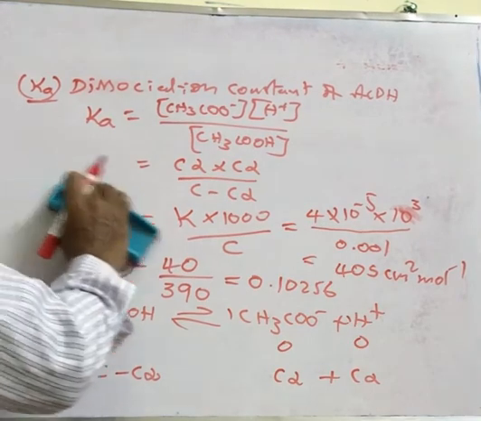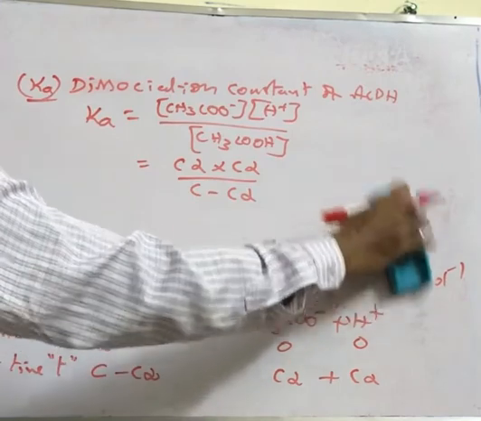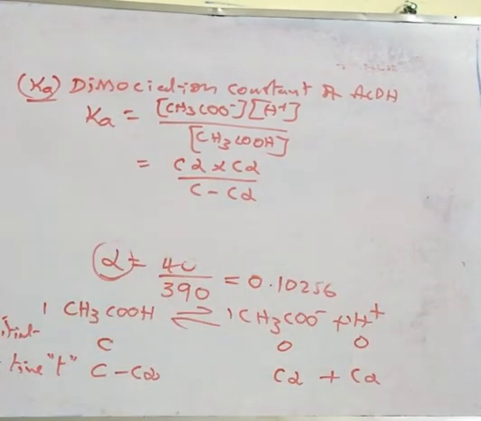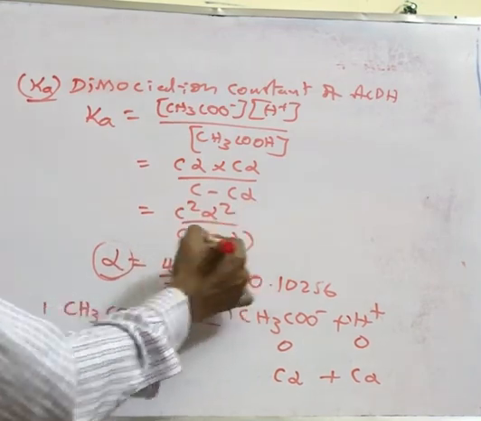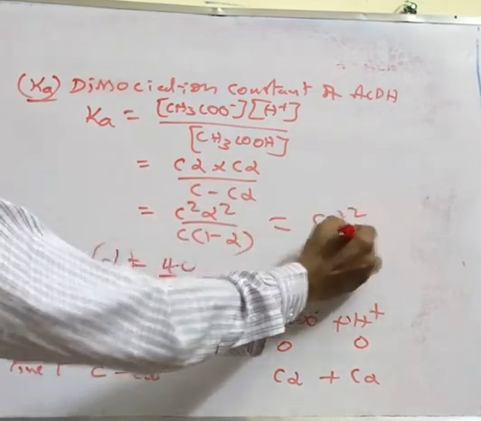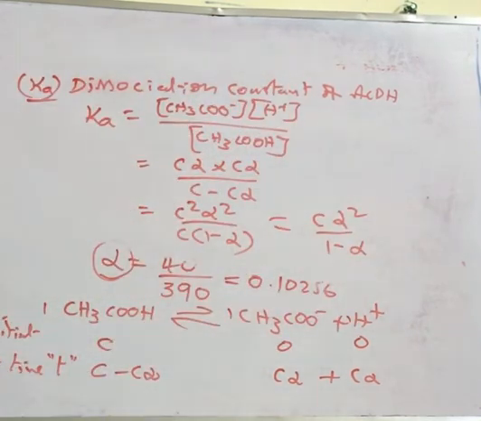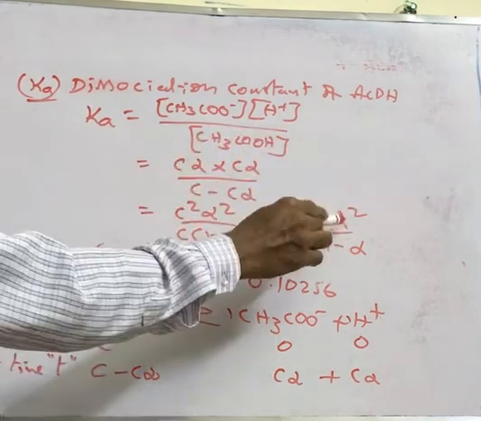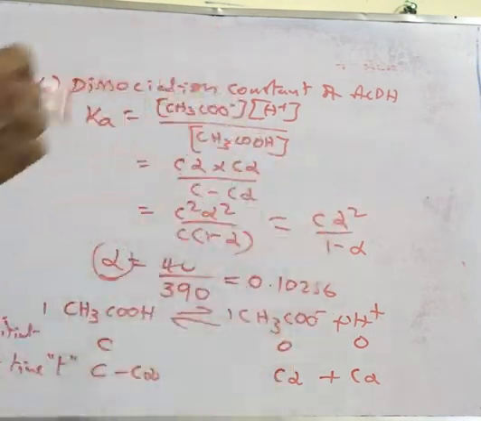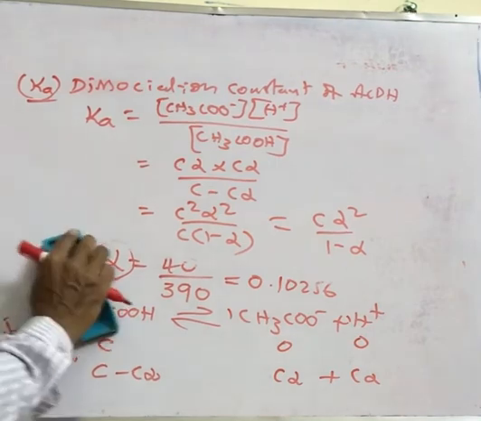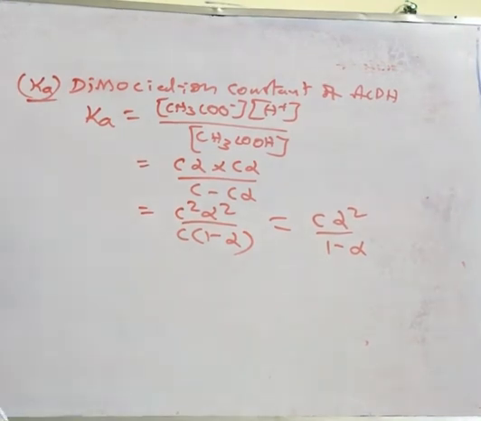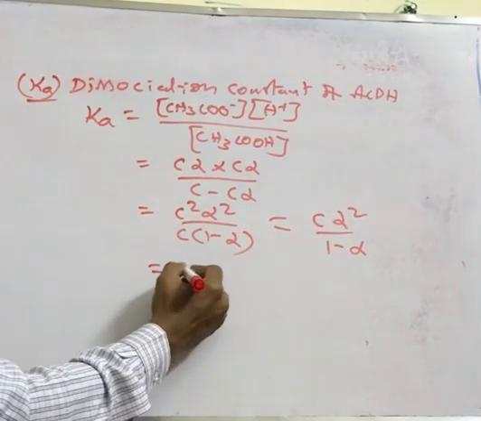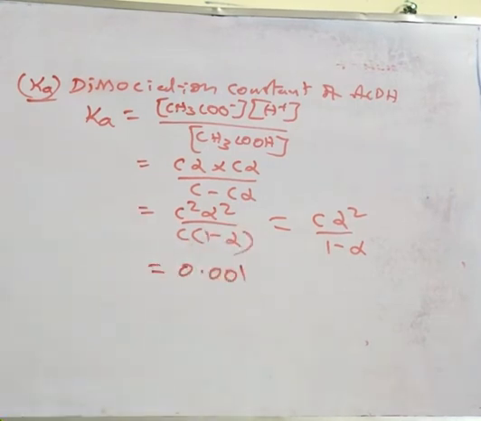So now you can solve this particular equation. What will happen? C square alpha square by C into 1 minus alpha, so that is equal to C alpha square by 1 minus alpha. Now you substitute. You know C is 0.001, which was given in the question.